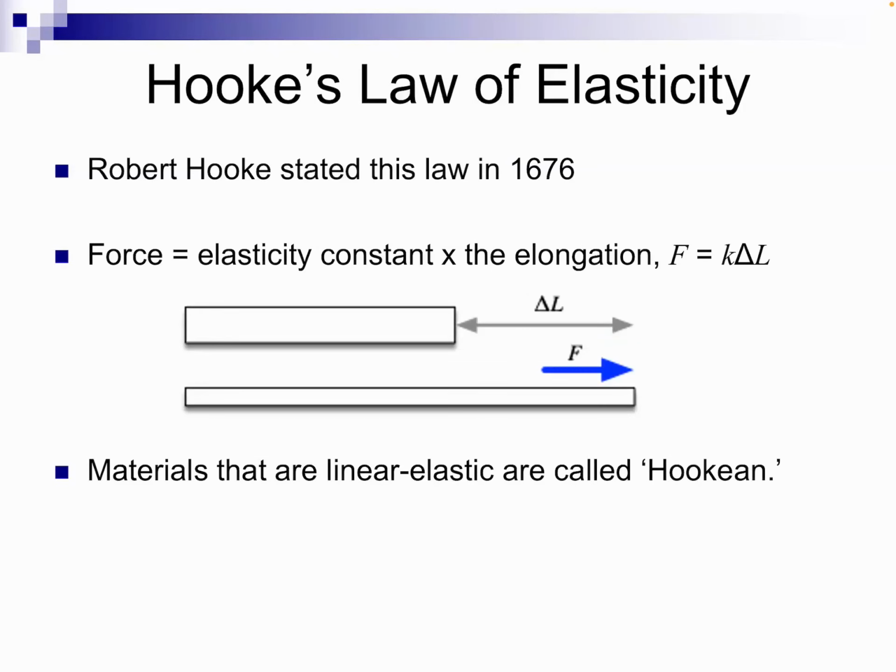So Robert Hooke formally stated this common observation via what we call Hooke's law, which says that the elongation delta L is directly proportional to the force that's used to elongate that object.